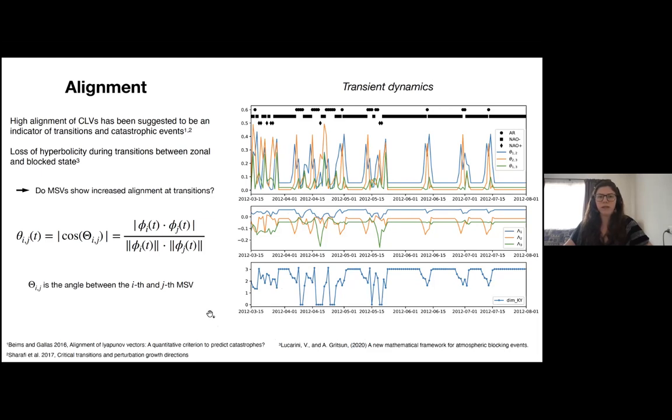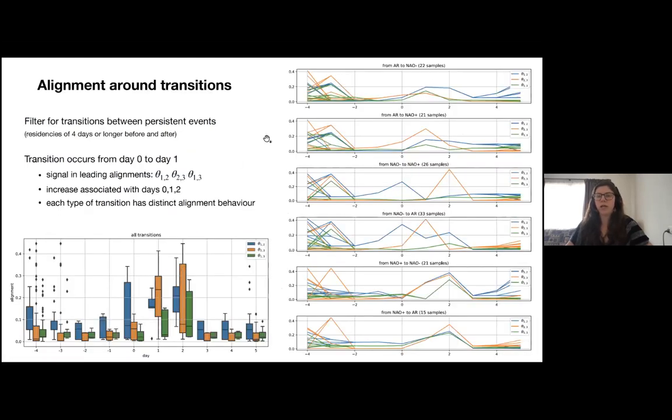And then if we pull out all of the similar transitions and look at the alignment behavior around those transitions, where we center the day of transition at 0, and I believe the transition occurs from day 0 to day 1, we see that particular alignment signals come out for the particular transitions from one state to the other.